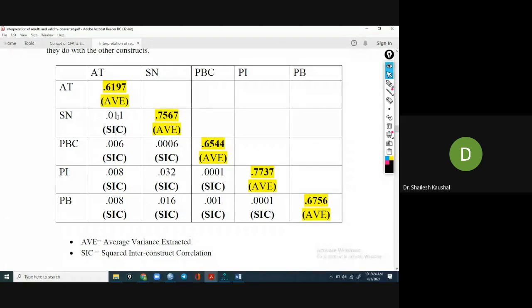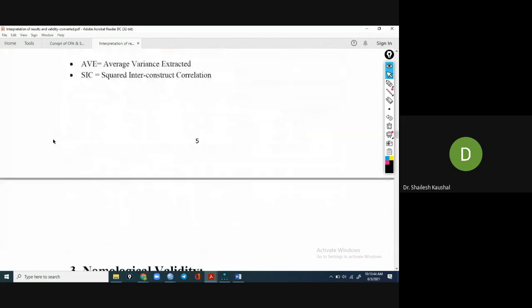Here 0.011 is less than this, 0.006 is very low, 0.008, 0.008, all the values are less than this. So there is no issue of discriminant validity in our model.